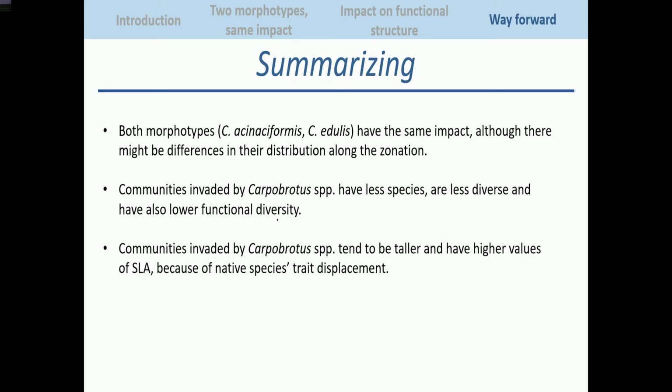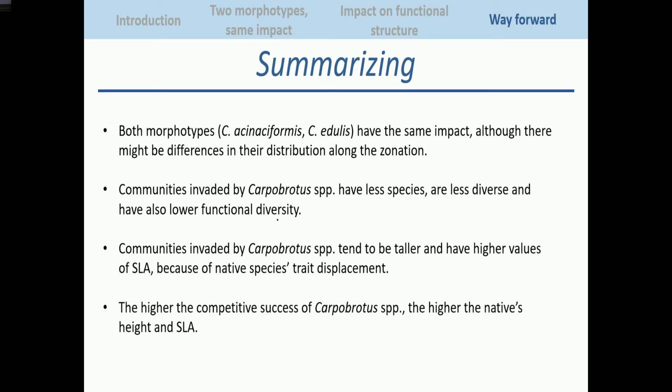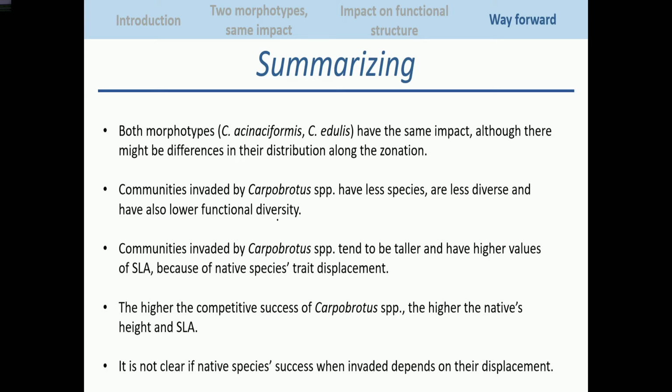This is going along with the competitive pressure of Carpobrotus, but it's not clear whether this actually gives the natives higher fitness or not.